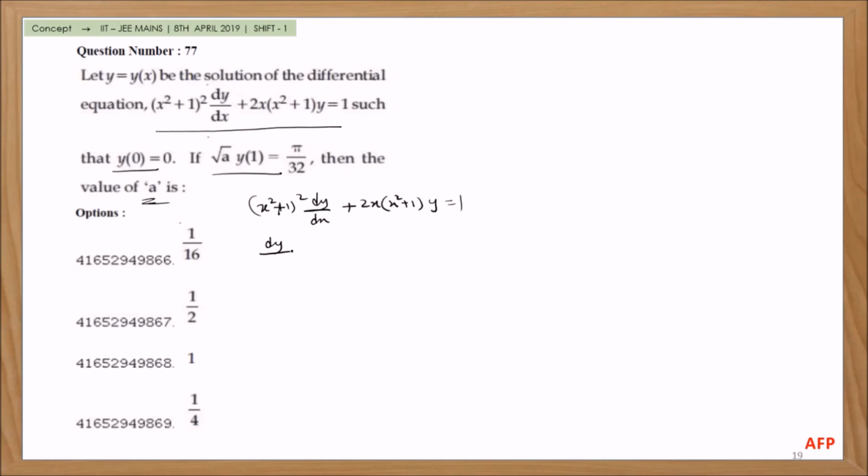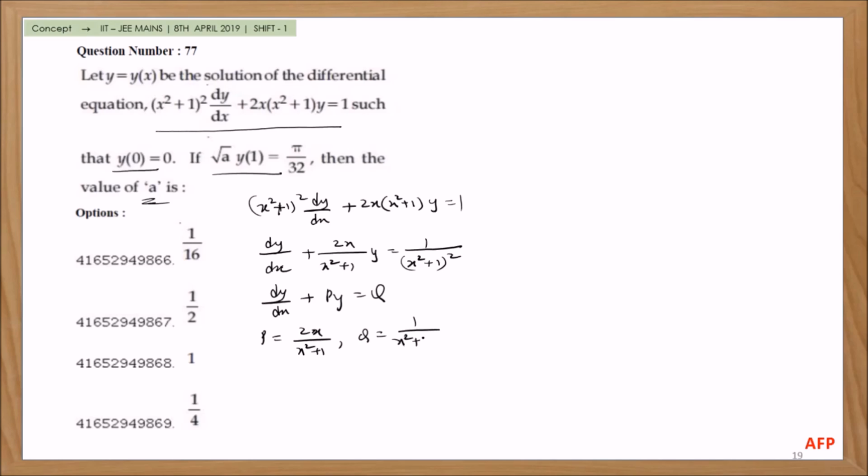We will get dy by dx plus 2x divided by (x square plus 1) into y equals 1 divided by (x square plus 1) whole square. This you can write as dy by dx plus Py equals Q. So P equals 2x over x square plus 1 and Q equals 1 divided by (x square plus 1) whole square.